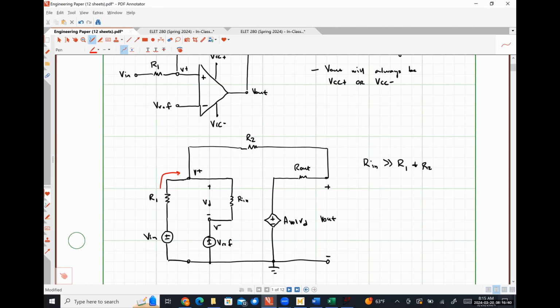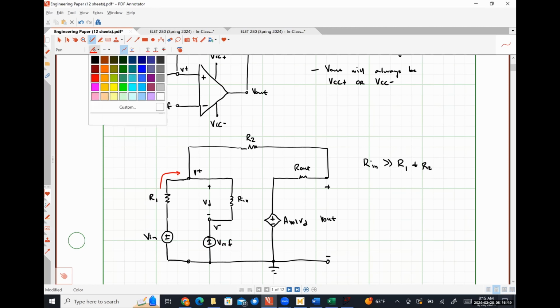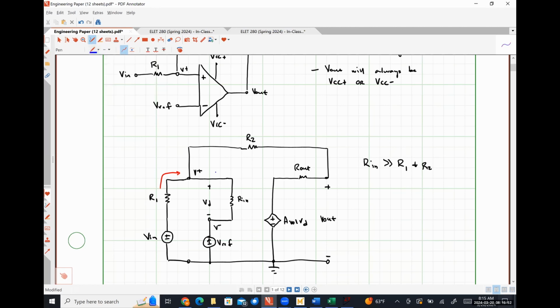Now, connected to that node, we have a resistor R2 that is significantly smaller than that resistance Rn. So there's going to be some current here. I'm going to call it I plus, but it's going to be extremely close to 0 amps. It's not going to be 0 amps. It's probably going to be on the order of microamperes or nanoamperes, but it's going to be very, very small, okay?